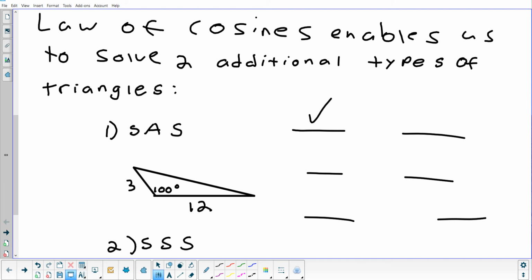You'll know a side, you'll know a side, and you'll know an angle. You will not have a full row. And if you don't have a full row, the law of sines doesn't work. So in general, that's what side angle side will look like. 2 sides and an angle, but the angle will not be in the same row.